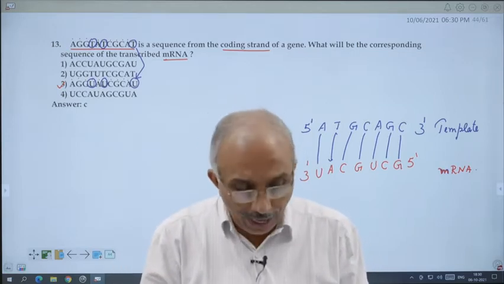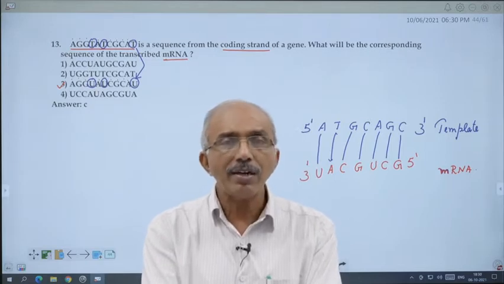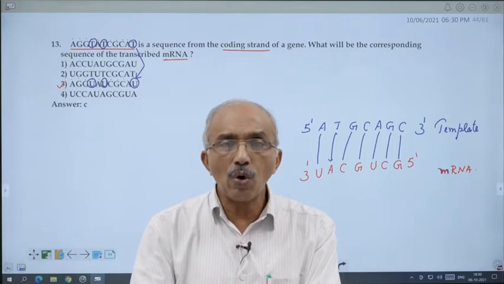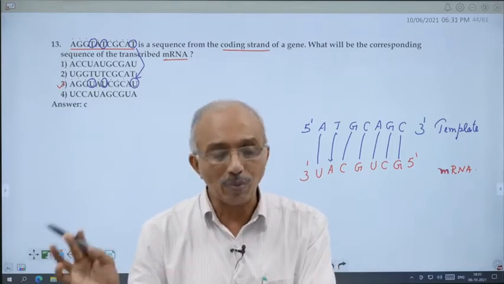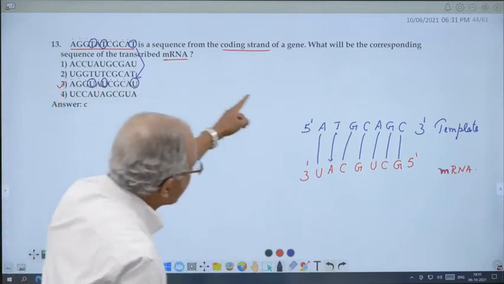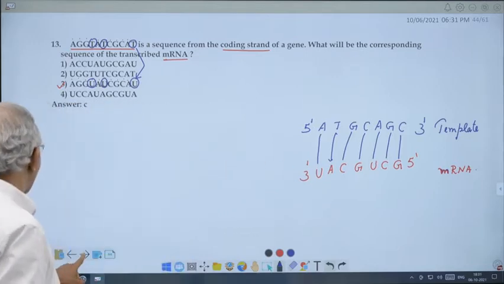But if the coding strand is given, you write the same sequence. The only change is instead of T, write U. Here answer is 3. This is the technique of writing mRNA from the template strand.